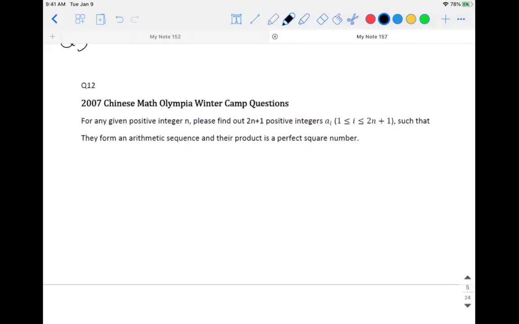You need to find 2n plus 1 numbers. First of all, they must be an arithmetic sequence. Second, their product must be a perfect square number. Think about it. How are we going to do this problem?